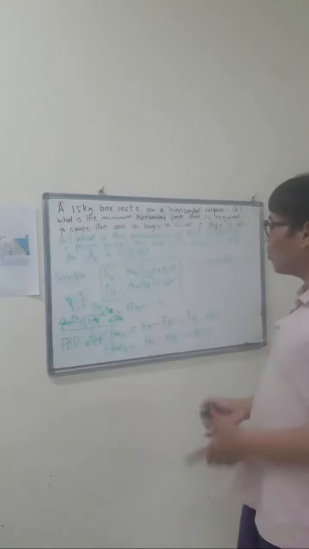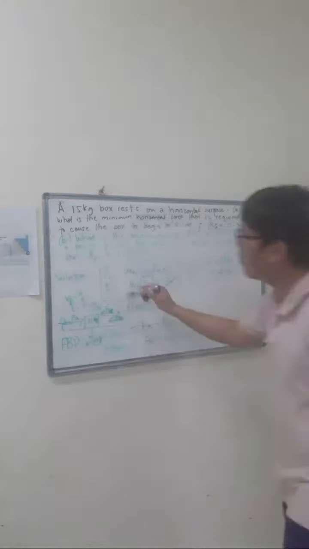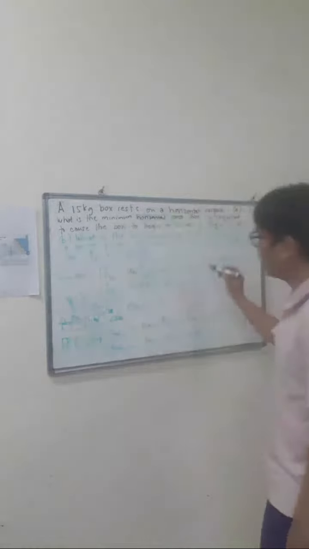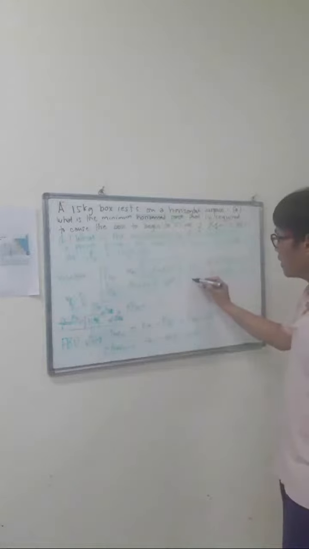Equation 2, the frictional static coefficient is also mentioned, right? 0.35. So F is equal to 0.35 times the normal force, equation 2. This is the frictional static, and this is the frictional kinetic. Be careful with the nomenclature.